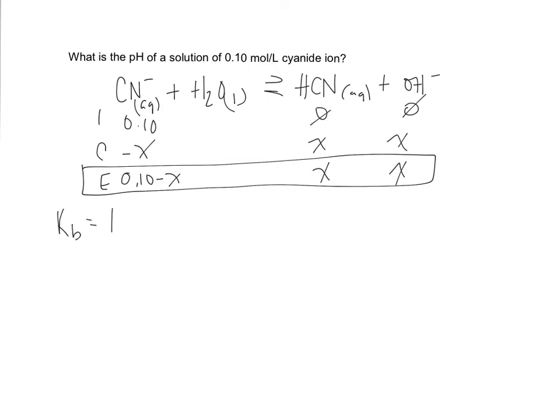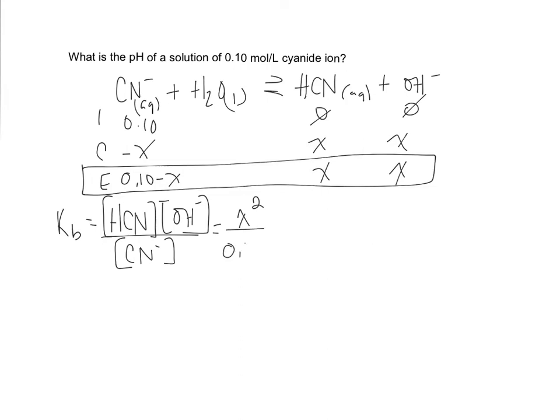Kb is equal to HCN times OH minus all over CN minus. So this is equal to x squared over 0.1 minus x. CN minus is not in my table, so I have to find the Kb. So 1 times 10 to the negative 14 divided by my Ka value, 6.2 times 10 to the negative 10.